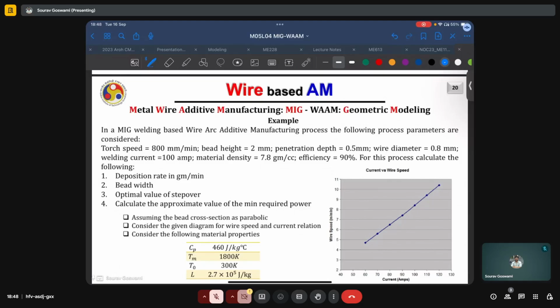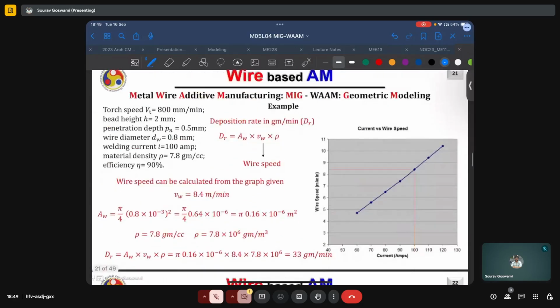And we are asked to calculate certain quantities, those being the deposition rate in gram per minute, the bead width, the optimal value of step over, and the approximate value of the minimum power required. There are also certain helpful assumptions here that the bead cross section is parabolic, the working curve is given to us, relating the wire speed to the current, and some material properties are also available.